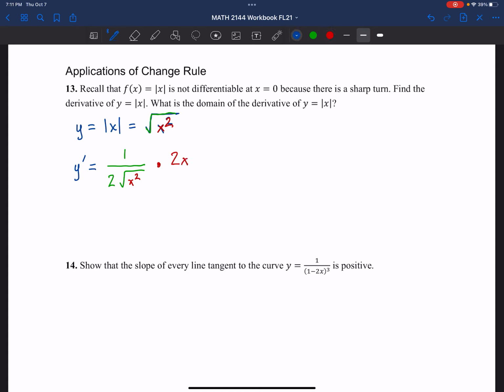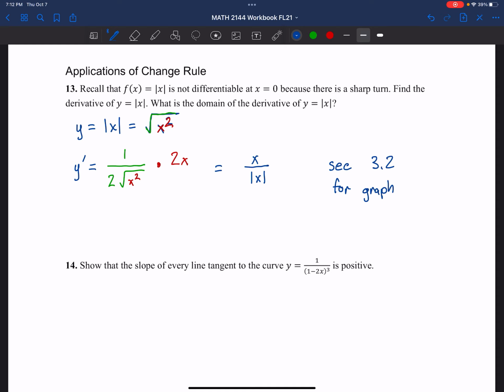We can simplify this, the 2's cancel, and we end up with x over, well, realize that this is the same thing as this. So again, it's x over the absolute value of x. We've actually encountered this a little bit before. If you look back to section 3.2 for the graph and discussion.